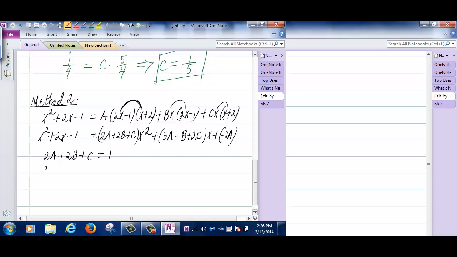I could say 3a minus b plus 2c is equal to 2, and negative 2a I can say is what? Negative 1. So basically I come up with a system of equations.